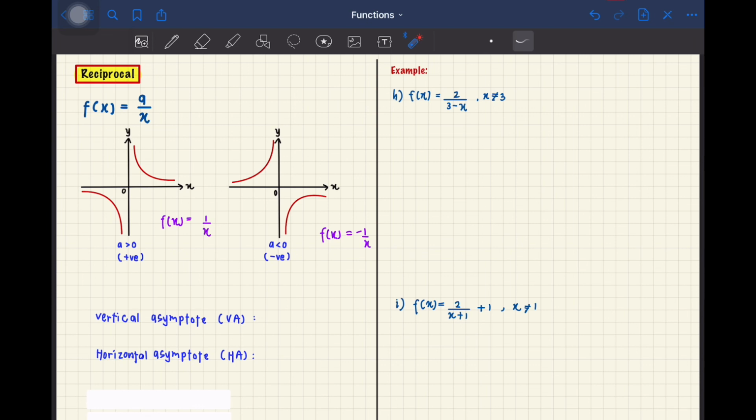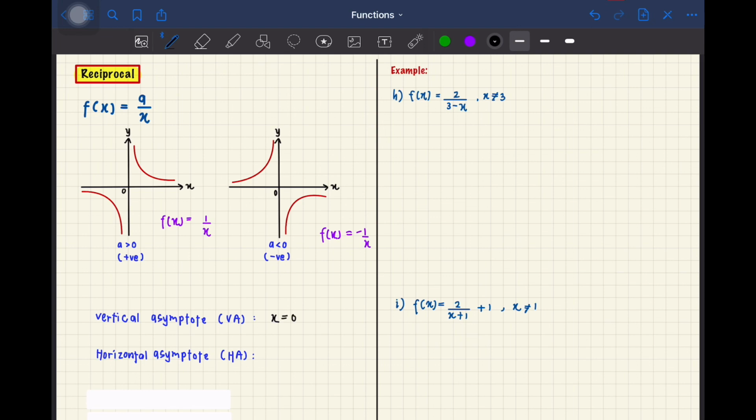So dia datang hampir tapi dia takkan sentuh. Vertical asymptote maksudnya satu line yang menegak.